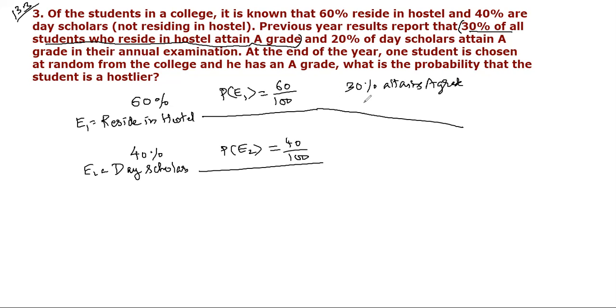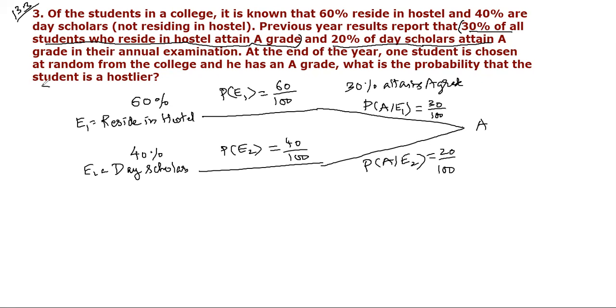So the probability of attaining A grade when they are from hostel, P(A/E1), is 30%. That means 30 upon 100. Very simple. Similarly, when they are day scholars, how much attain A grade? 20% of the day scholars attain A grade. So 20%, that means 20/100.